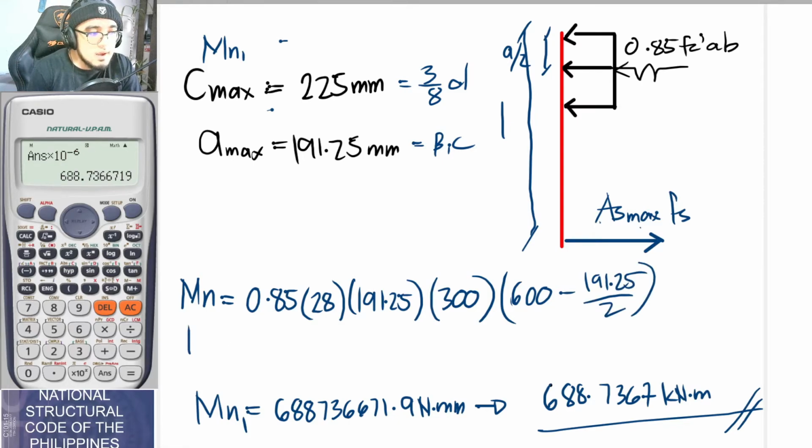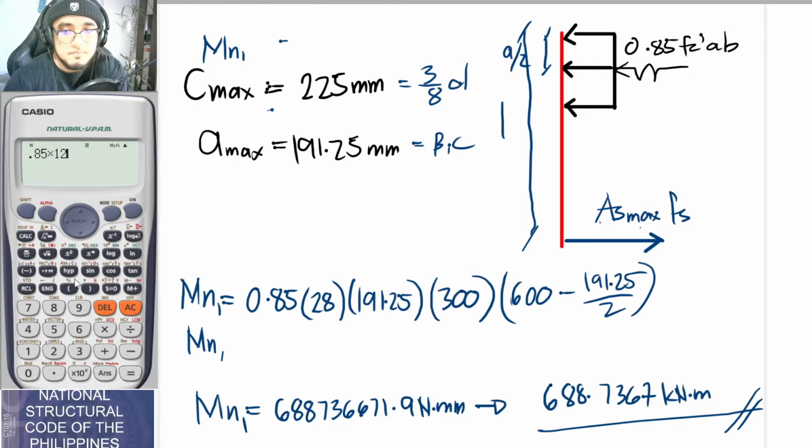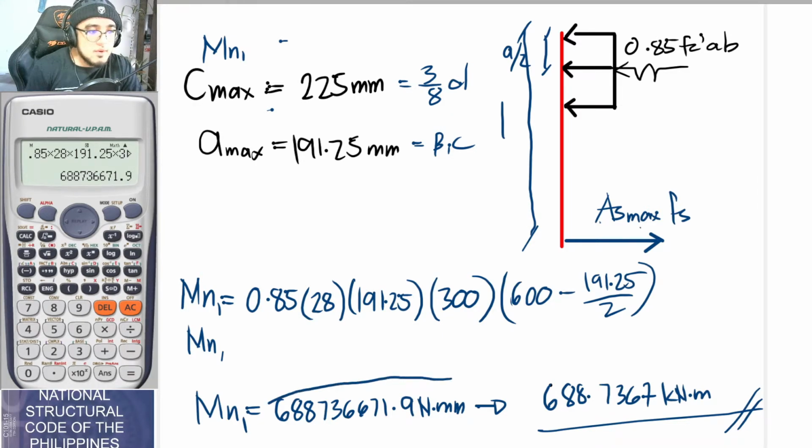And our answer here for Mn1 is equal to 0.85 times 28 times 191.25 times 300 times 600 minus 191.25 divided by 2. So our answer here would still be the same. This is still our answer.